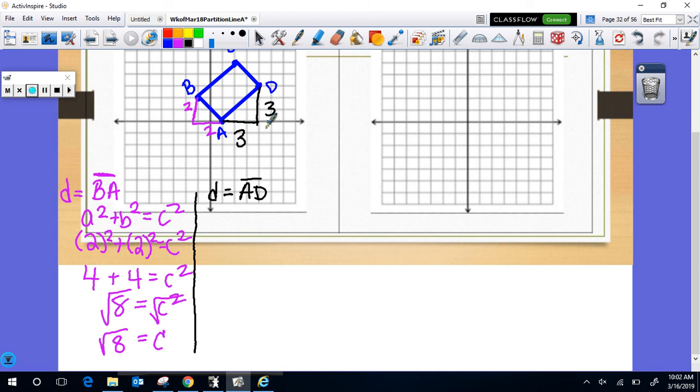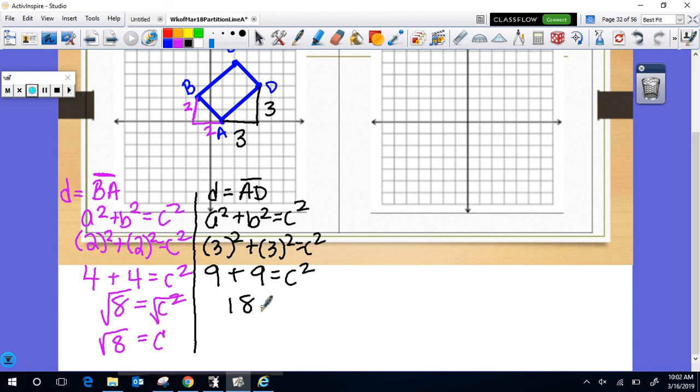We get 3 and 3 here, so to find the distance of that, I'm going to do A squared plus B squared equals C squared. So we get 3 squared plus 3 squared equals C squared. 9 plus 9 equals C squared. 18 equals C squared. Square root of 18 equals C.